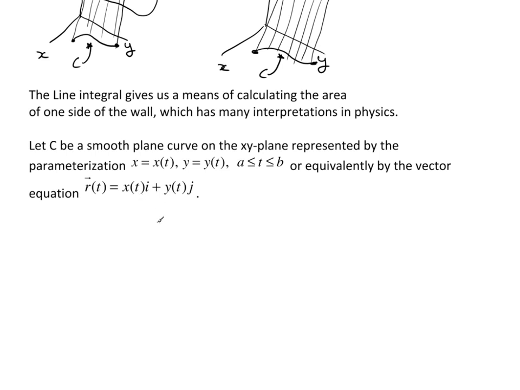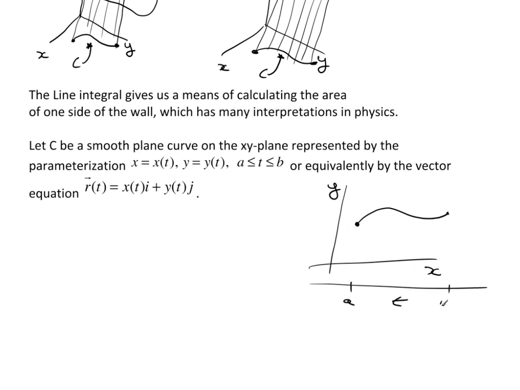So looking down now on the xy plane, I have this parameterized curve where t goes from a to b.